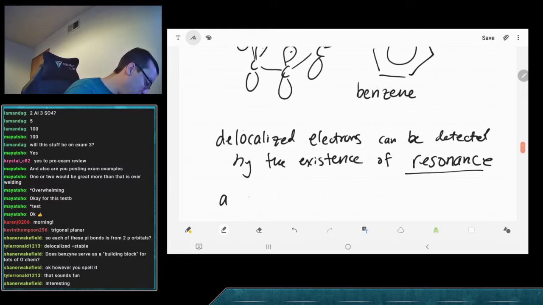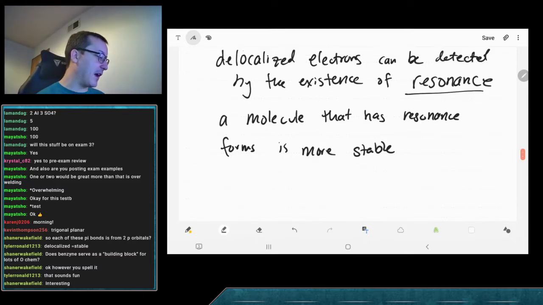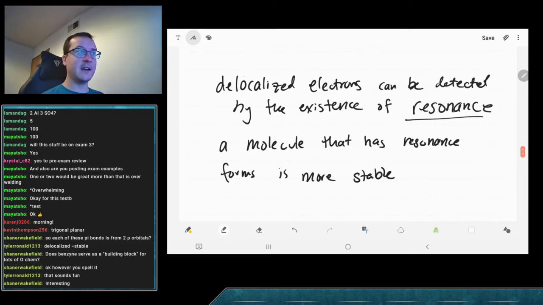So a molecule that has resonance forms is more stable. You're going to see the answer for every question in organic chemistry is resonance. 90% of the questions, maybe. You can just say resonance and you'll get it right. Resonance is a huge factor for molecule stability. And so we're going to see molecules that can resonate will have great stability.